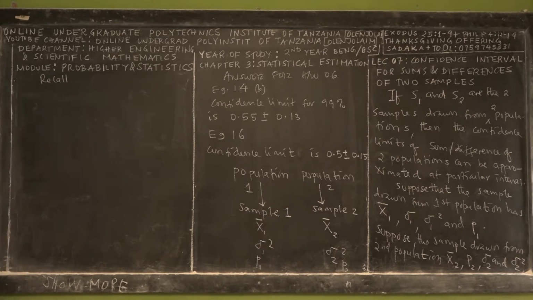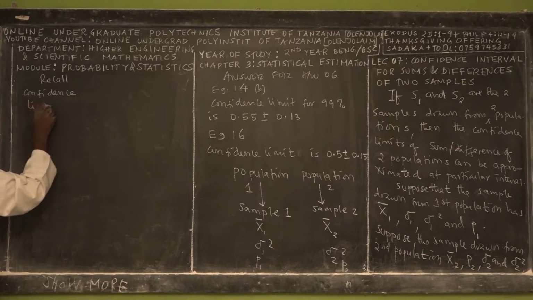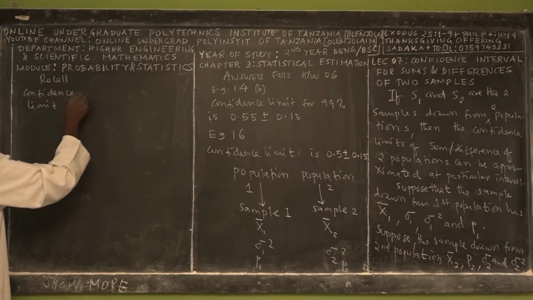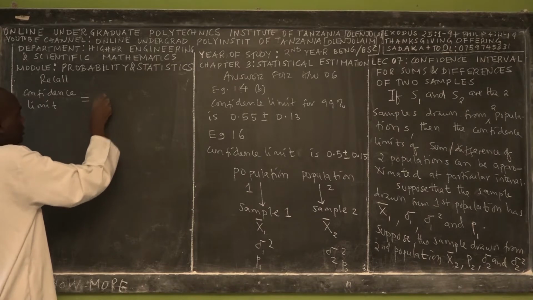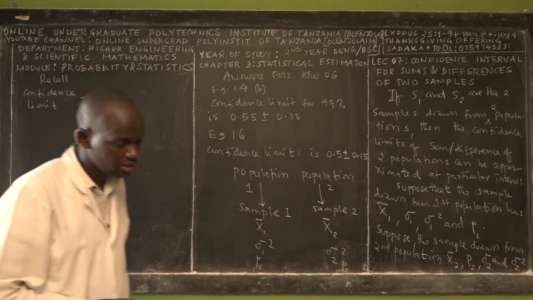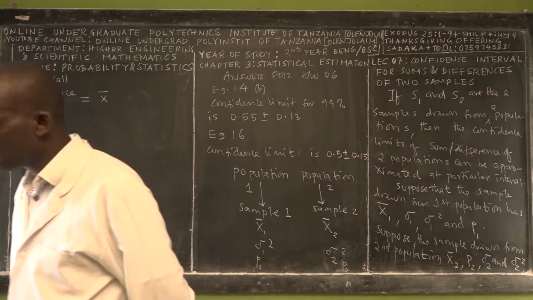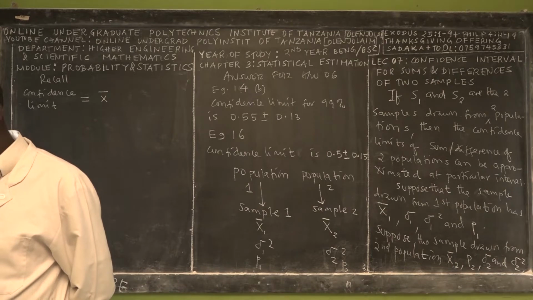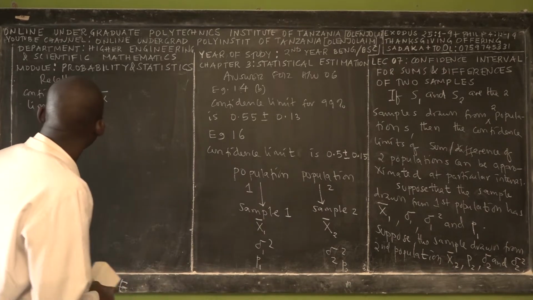Recall that confidence limit is given as what? Statistical mean. Okay, so let us start with confidence interval for the sum of two population means. Sum of the two population means.